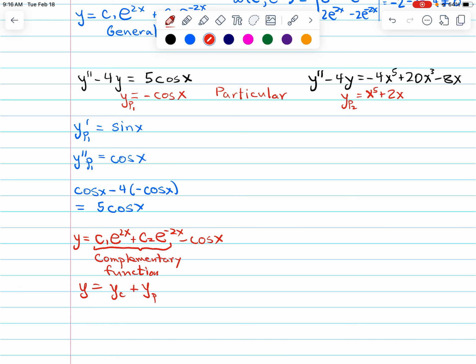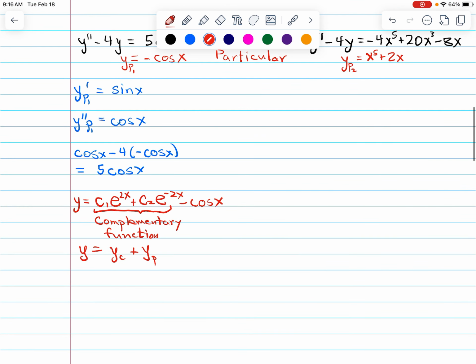Okay, and that forms the general solution. Now I want to look and see why that would be the case. Let's see if we can convince ourselves that this is true. Let's take this differential equation, and I'm going to put in c1 e to the 2x plus c2 e to the negative 2x minus cosine x, and I'm just changing to differential notation there.